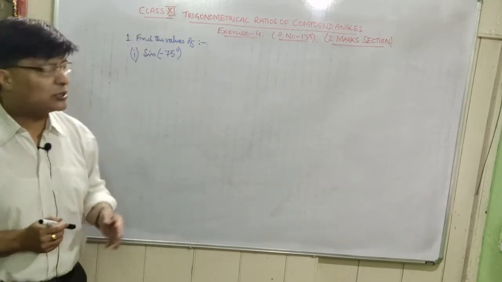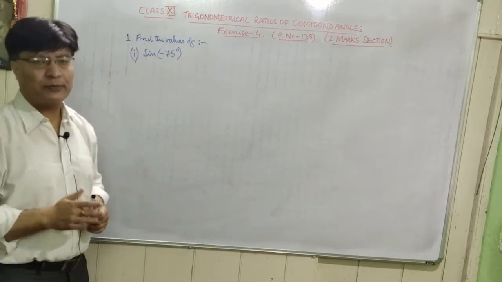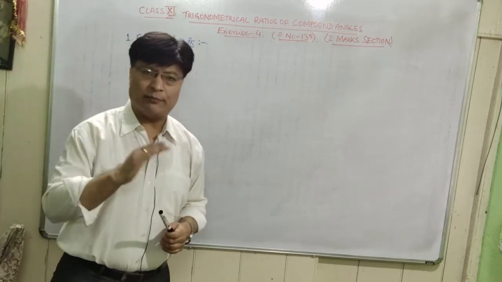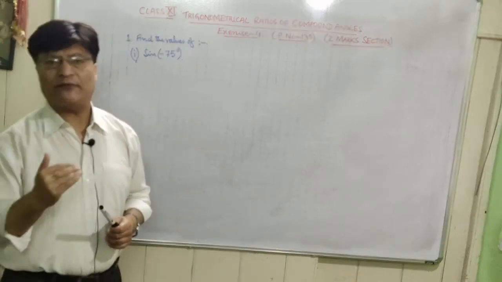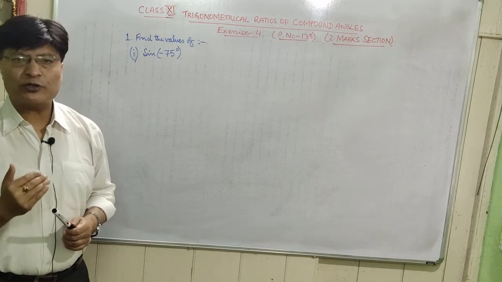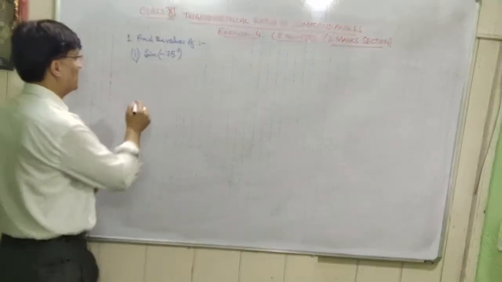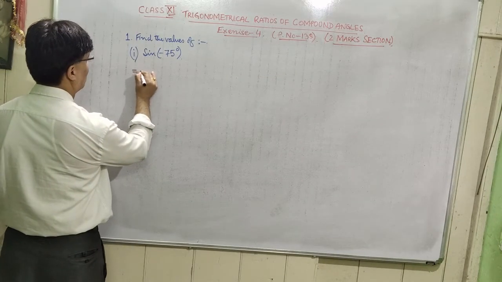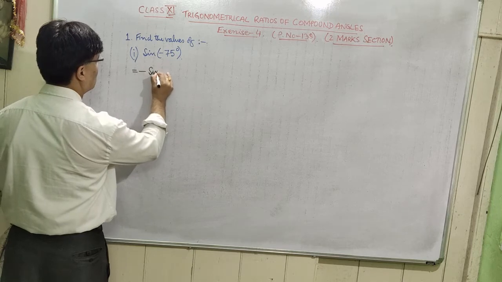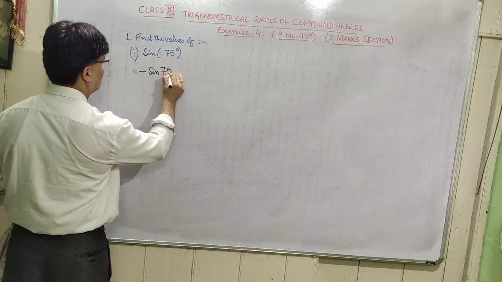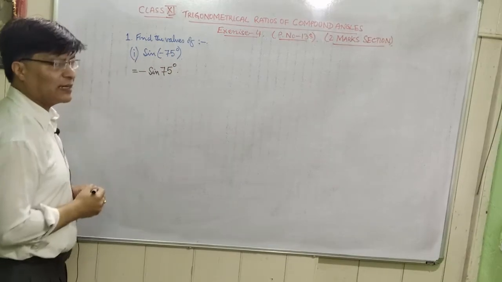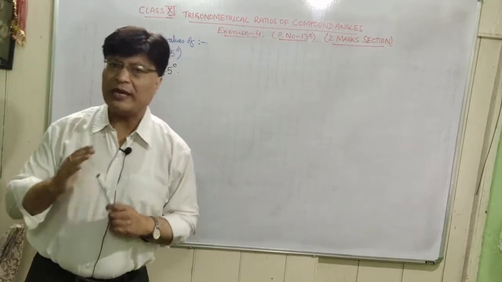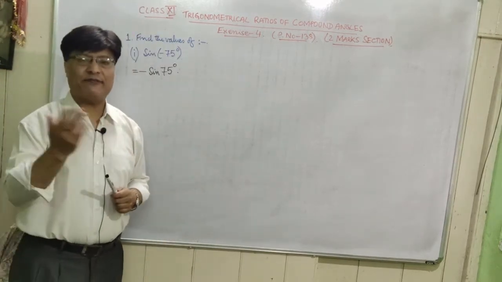So this is sine of minus theta. Minus theta always lies in the fourth quadrant, and in the fourth quadrant, sine is always negative. So you have to write minus sine 75 degree. Is that clear?